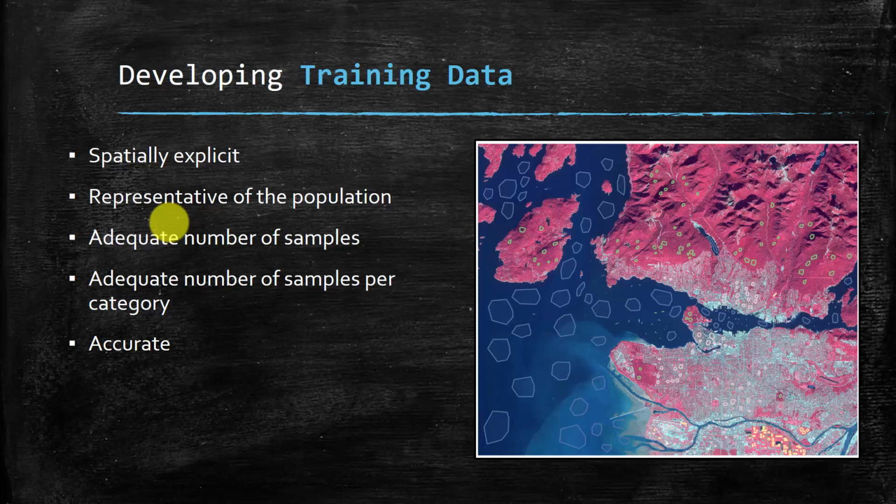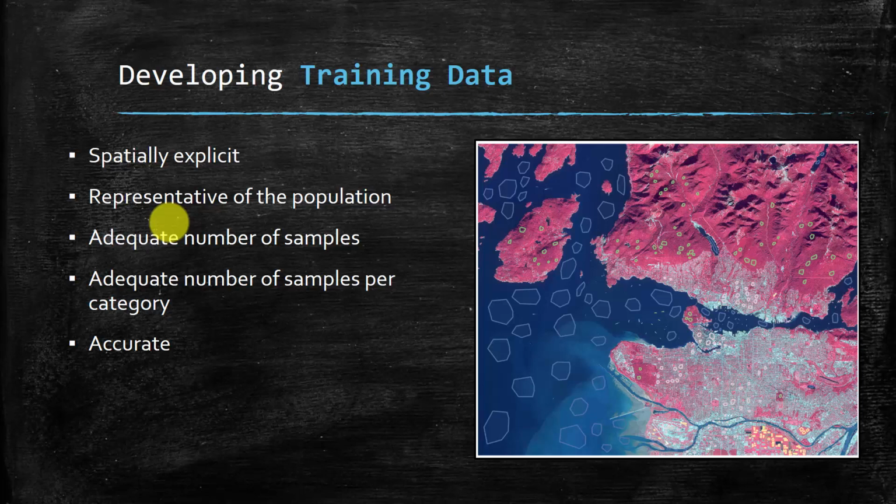So limitations in terms of time and man hours, available data, funding, ability to do field work. So again, this is generally limited because we live in the real world. Even though we live in the world of big data, we don't always have enough quality data to, say, train a model. So the goal is just to get the best data you can with the limitations that you have.